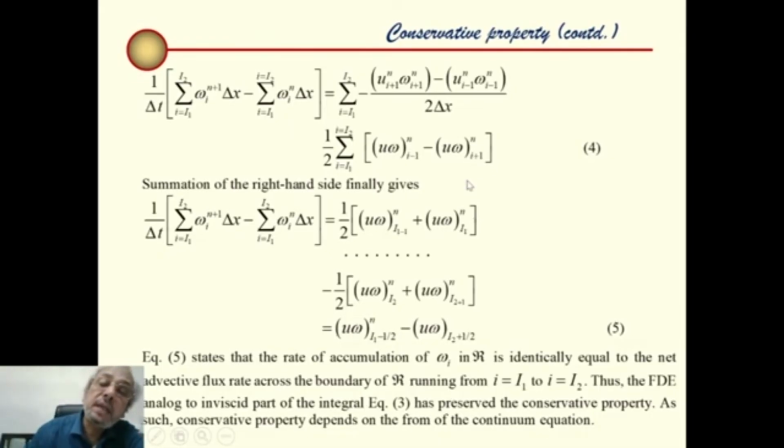So we'll get the expressions, and the expressions can be arranged in such a way that all intermediate terms will get cancelled, and finally we will be able to write from here u omega I1 minus half at nth level minus u omega I2 plus half at nth level.